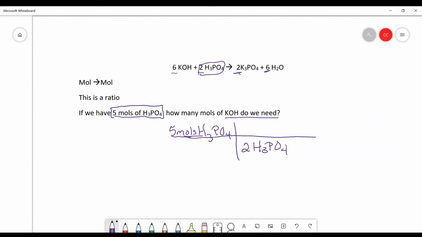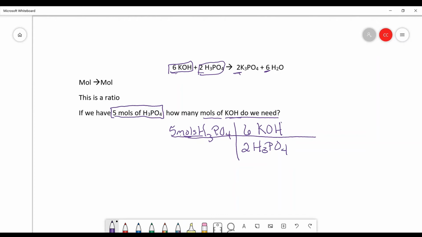We are looking for moles of KOH, so we need KOH here, and in the equation we see 6 KOH.